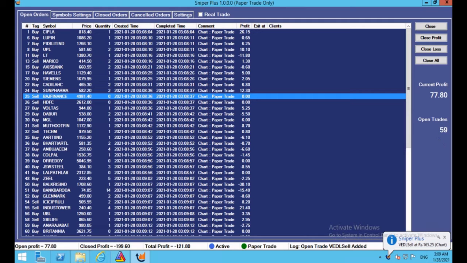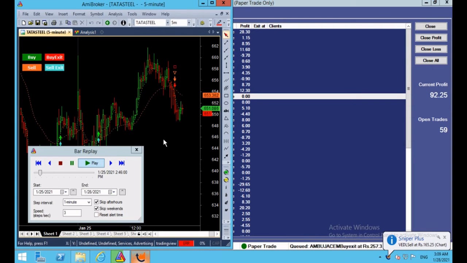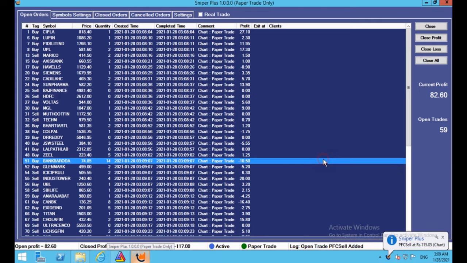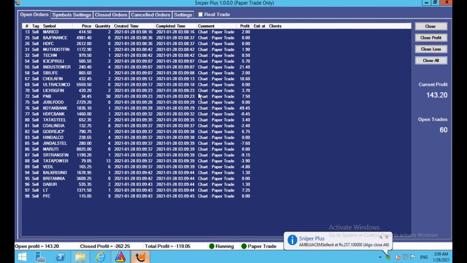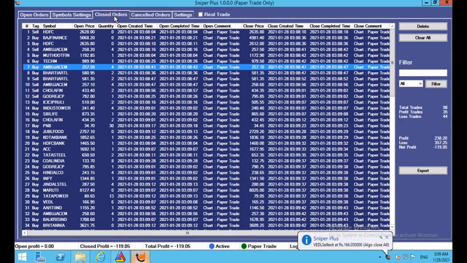So we have another feature for that, and I'll show you with an example. First we need to come to symbol setting. Before that we have to clear the open orders, closed orders and cancelled orders.